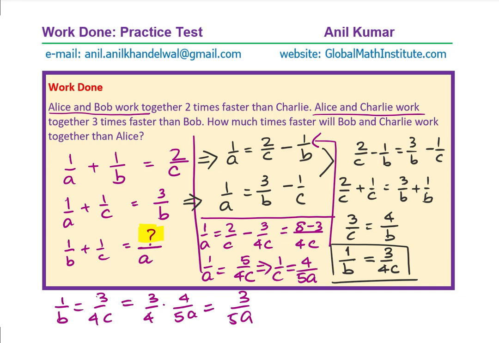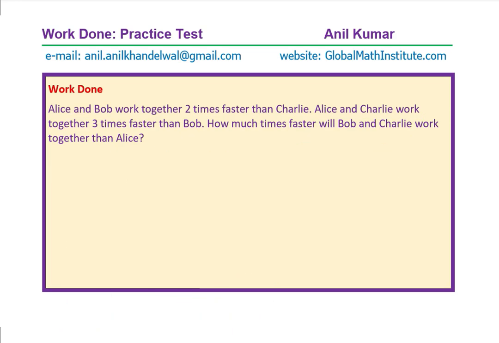And therefore, we can figure out what 1 over b plus 1 over c is, right? So as you can see, we have 1 over c equals 4 over 5a and 1 over b equals 3 over 5a, right? So let's go to a new page. Write down what we have just got.